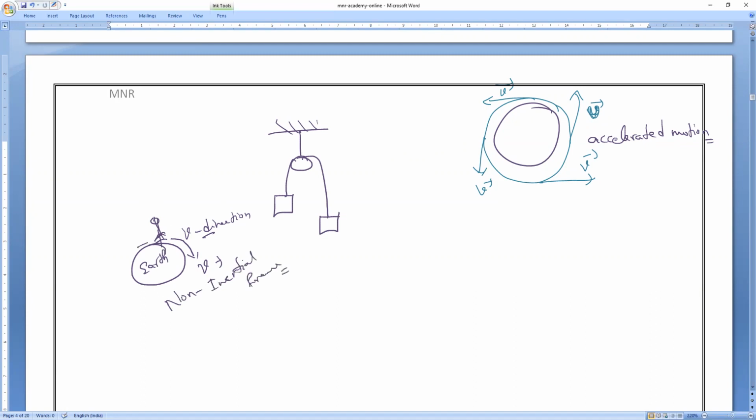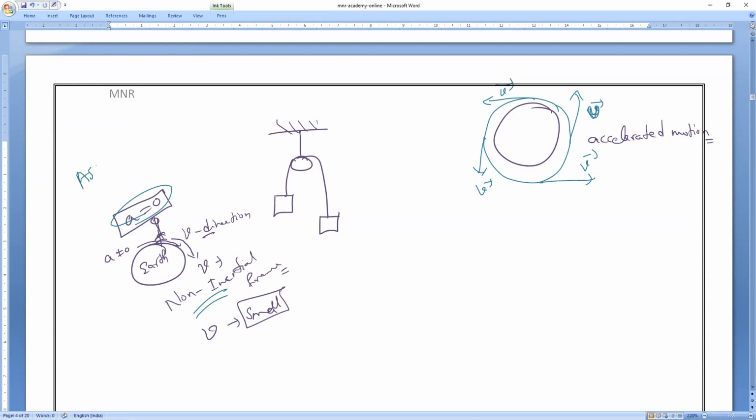Plus, the earth keeps on moving, so it is accelerated motion. The earth's acceleration is not equal to zero. But we are assuming that the earth's velocity is very, very small. Yes or no, everybody? It is extremely small. So we will consider the earth's acceleration approximately equal to zero. Actually it is not an inertial frame of reference, it is a non-inertial frame of reference.